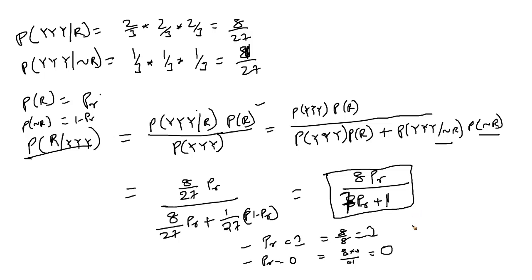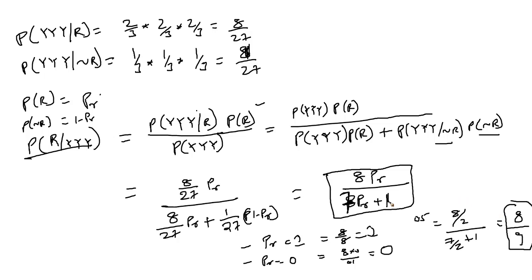When let's say it's raining 50% of the time, so the probability that it rains is 0.5, you can substitute it here: 8 by 2 by 7 by 2 plus 1 is equal to 8 by 9. In fact, this is what you derived in the beginning, which means that we made the assumption that it rains 50% of the time.